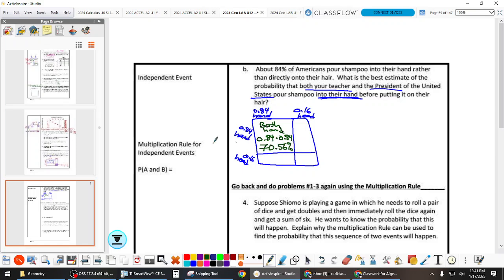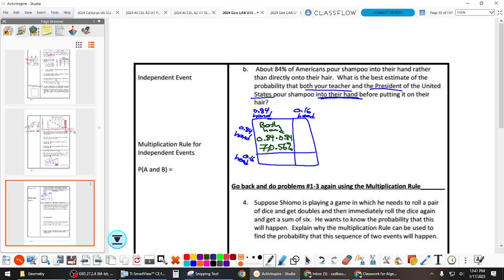Okay, and hopefully it's starting to sink in that the probability decreases your chance, right? It decreases. But it's still pretty high, and it should make sense because 84% of people do it that way. That's a pretty high percentage. So even if we multiply it once, it should still be pretty high.